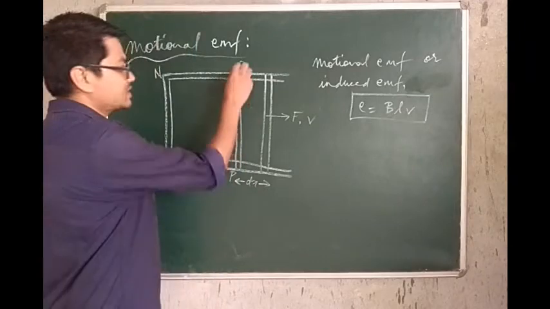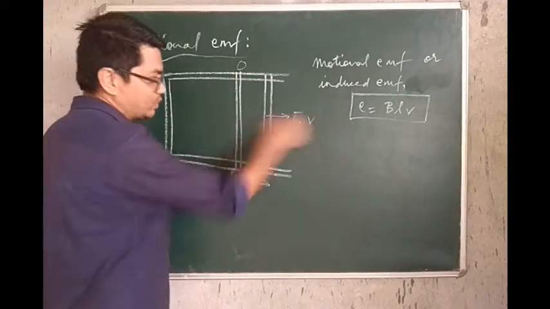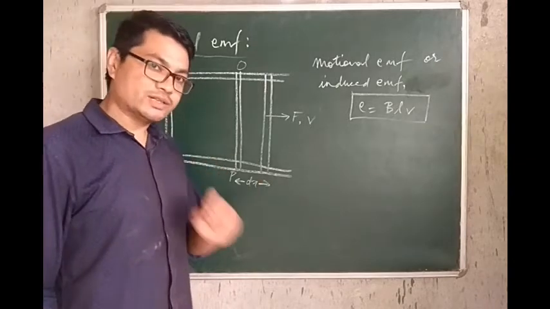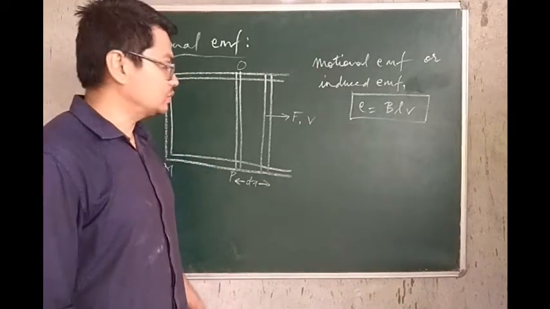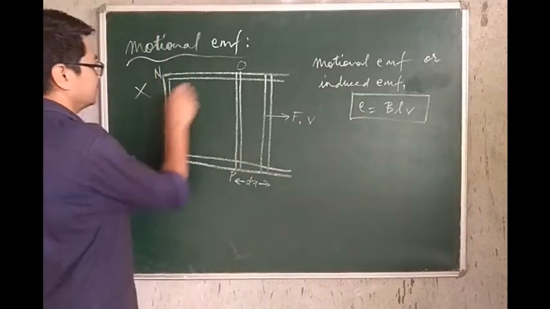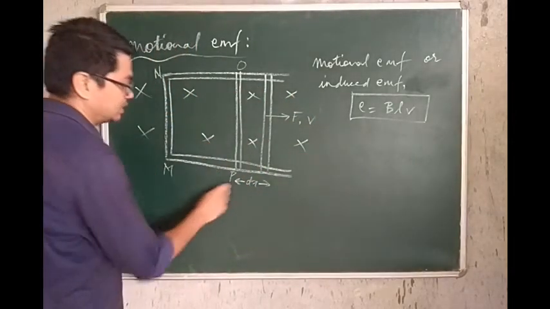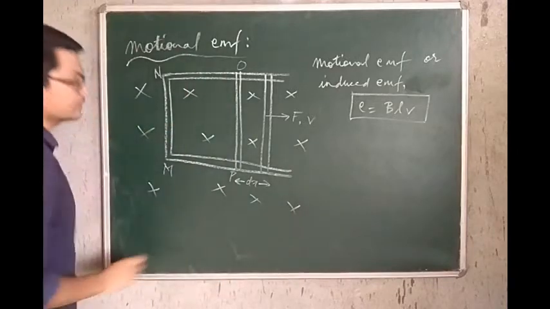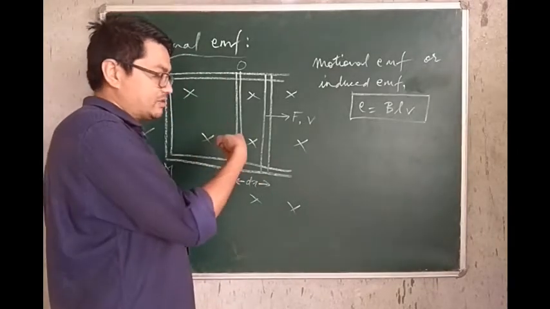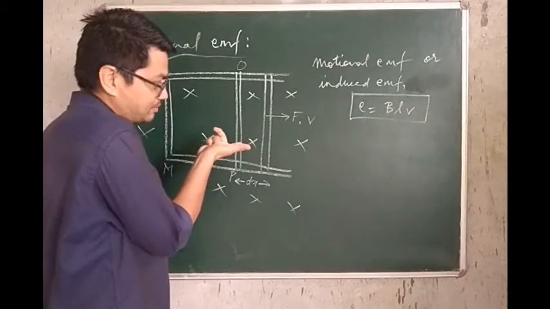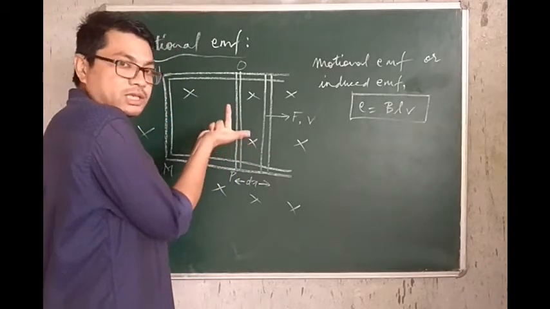Now since our strip OP or the rod OP is moving towards the right, we know the direction of the induced current is given by Fleming's right hand rule. And by the way, I forgot to show here, the magnetic field is perpendicular to the plane of the board. So the magnetic field is given by our forefinger, the force is given by the thumb, so the middle finger gives us the direction of the current.